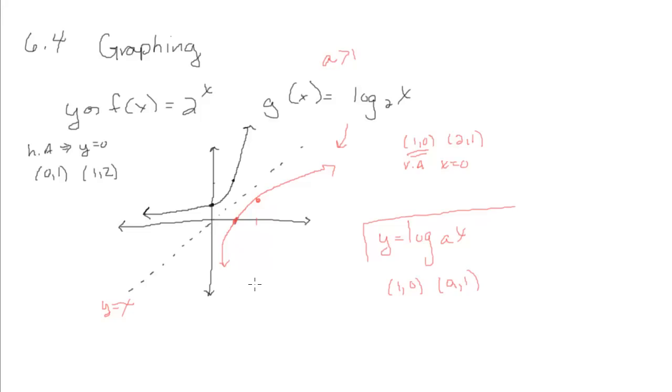So the domain of this function is only the positive reals. Remember, x equals 0, or y equals 0, excuse me, the x-axis is a vertical asymptote that this graph will never touch or cross. So the domain is 0 to infinity, and the range is negative infinity to infinity.